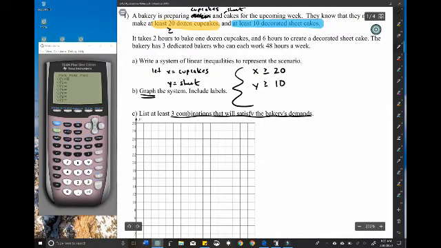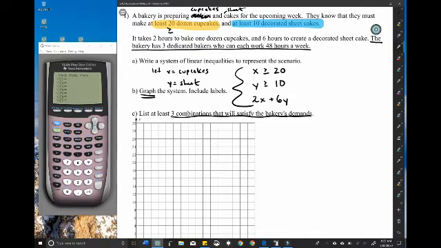Now this next bit. It takes time to bake all these things, and unfortunately time is not unlimited. It takes 2 hours to bake a dozen cupcakes, so that's 2x, and 6 hours to create a sheet cake, plus 6y. What they're limited by is that the bakery has 3 bakers who can each work 48 hours. The common tendency is to put 48 on the other side here.